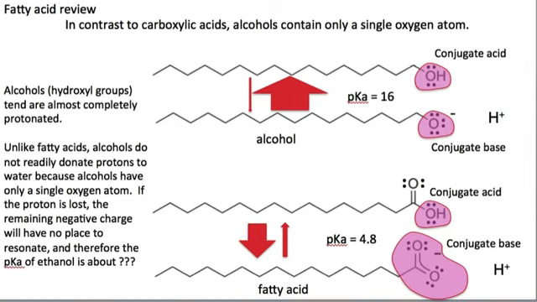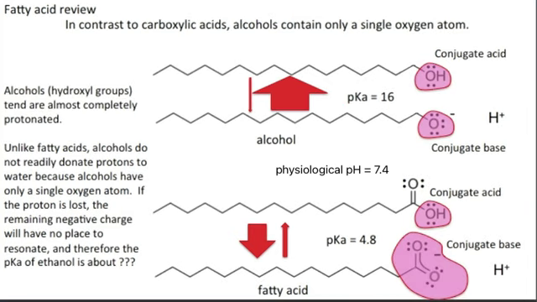What does that mean? Well, physiological pH around 7.4 is between these two values. Accordingly, since the pH of blood is about 3 pH units above the pKa, the protons will be pulled off of the fatty acid so that there will be about 1,000 conjugate base molecules for every one conjugate acid.